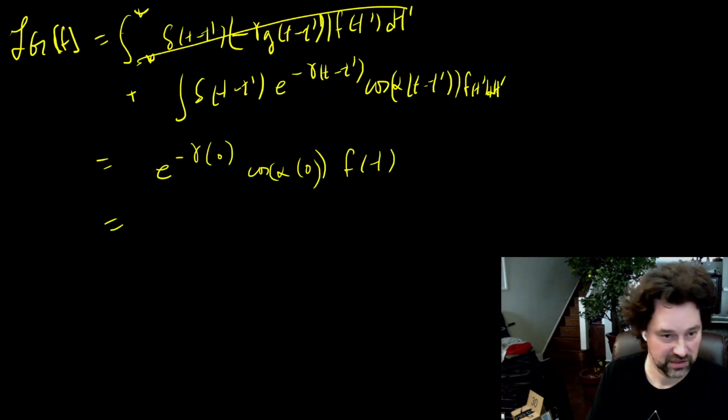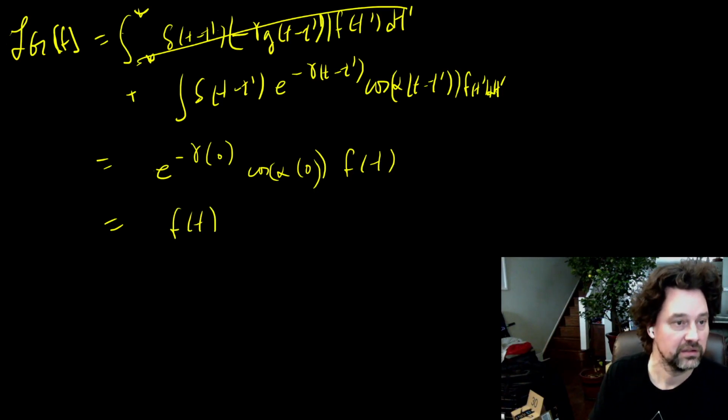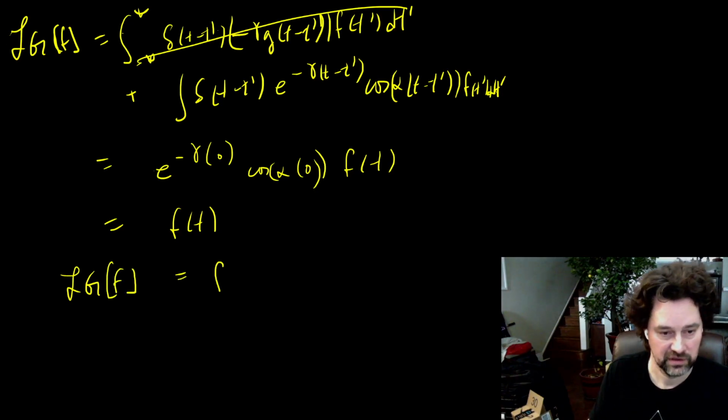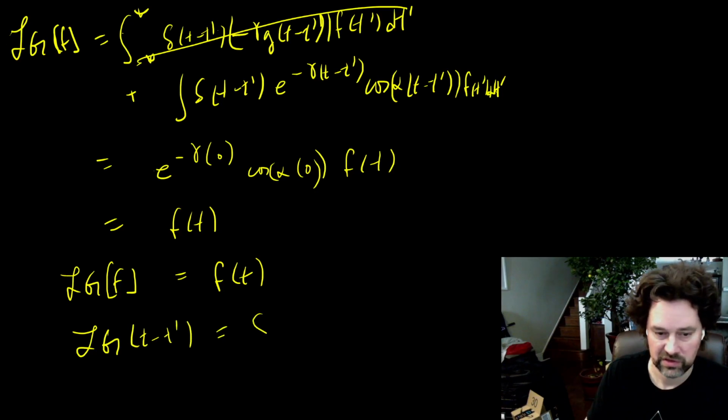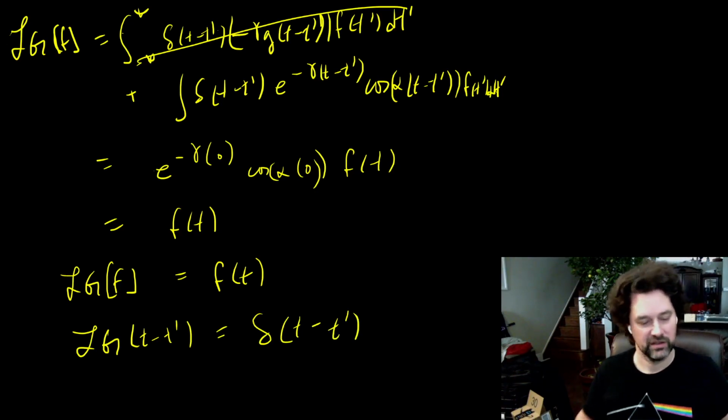But e to the minus gamma 0 is 1, and cosine of alpha times 0 is 1, and we're left with just f of t. So LG applied to a test function f is f of t, which basically means that LG of t minus t prime equals delta t minus t prime. It's precisely what we set off to show.